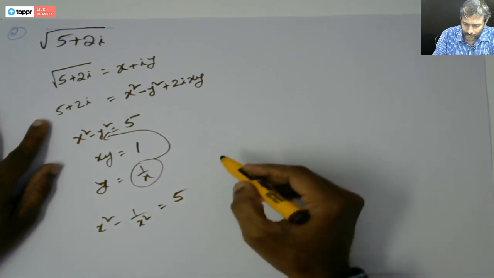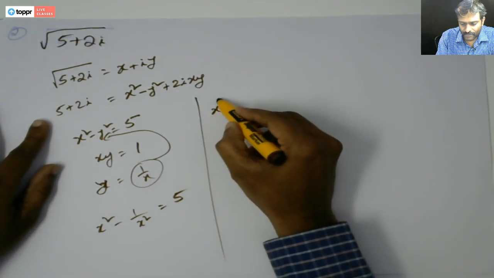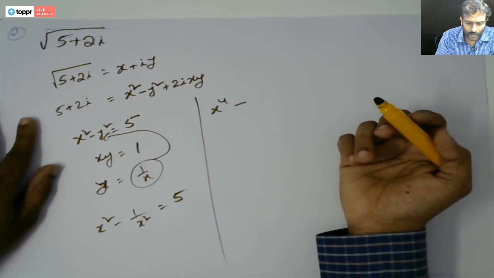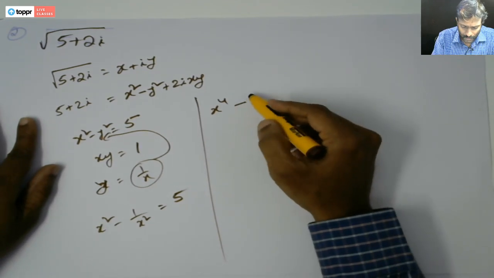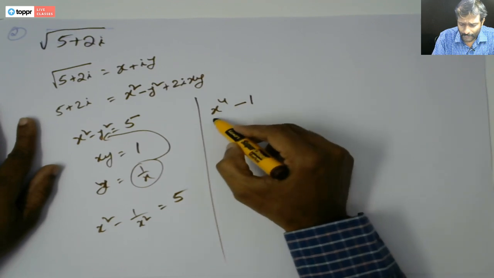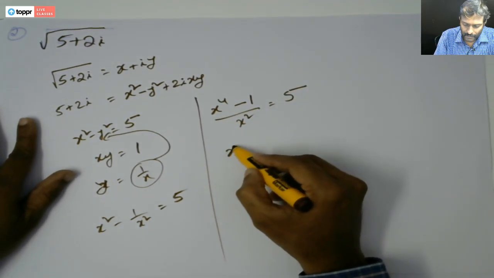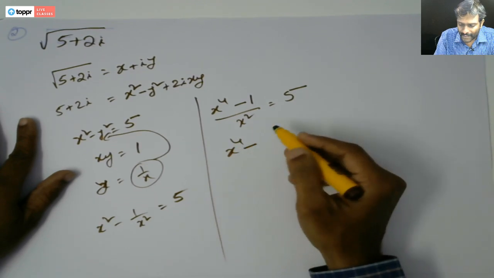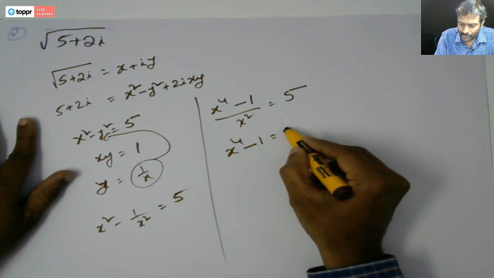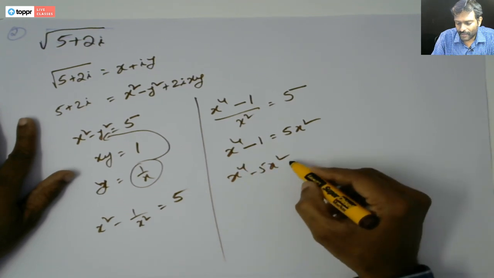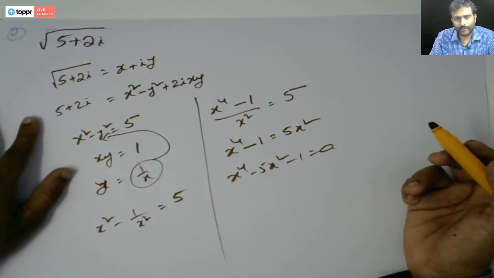On simplifying this, you get x power 4 minus 1 is equal to 5x square. So x power 4 minus 5x square minus 1 equals 0, right?